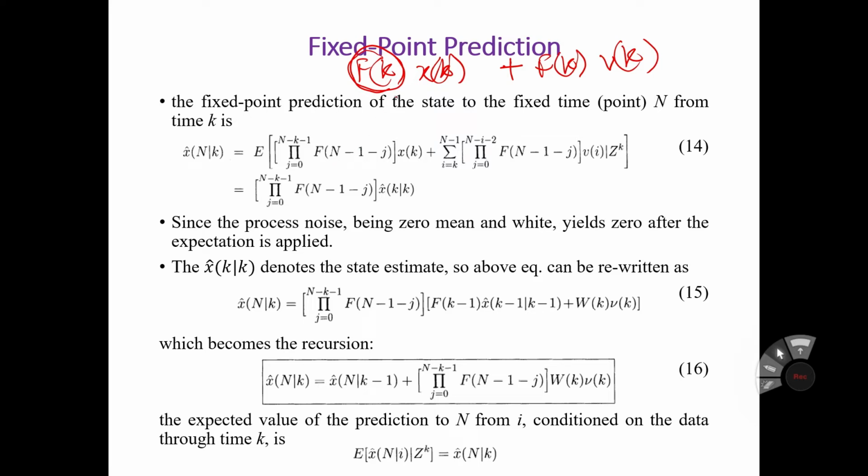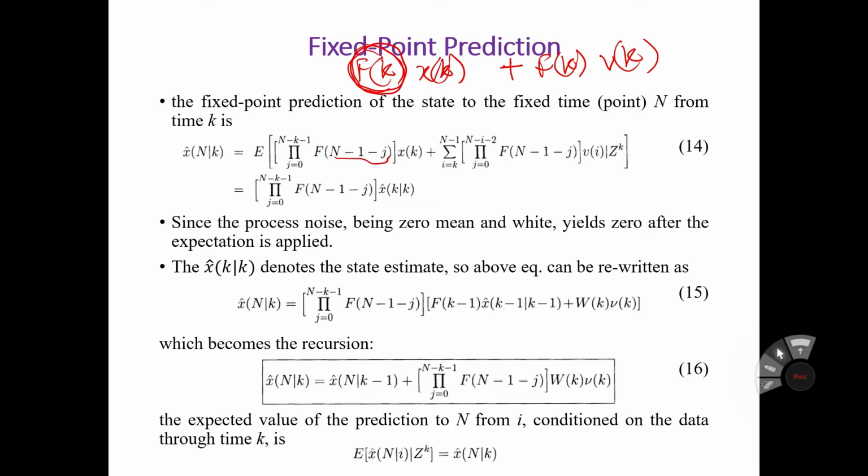You are calculating the object state at a fixed point, so you have to change f of k, the interval, like f of n minus 1 minus j. So when we multiply this matrix to the x of k, then it will give you the prediction of the fixed point using this interval.